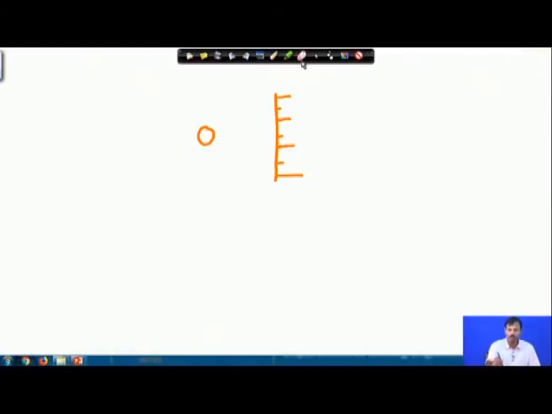So, let me reduce the diameter. So, this is the hole, okay, diameter of the hole. So, we are now using a reduced diameter hole for blasting, and let us draw a sectional view of the same.